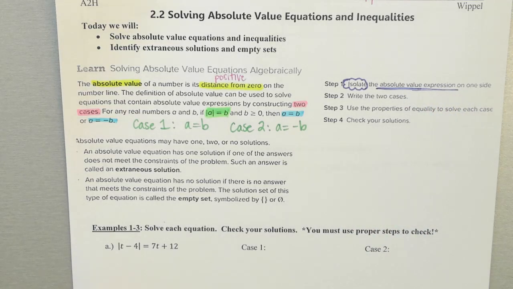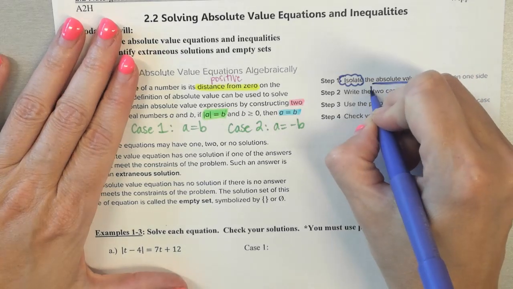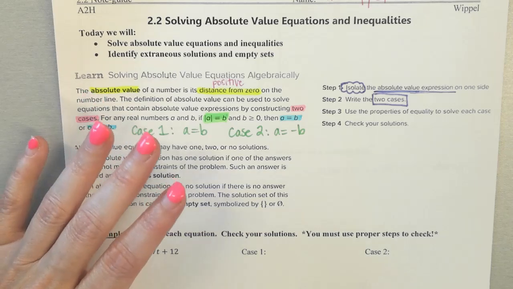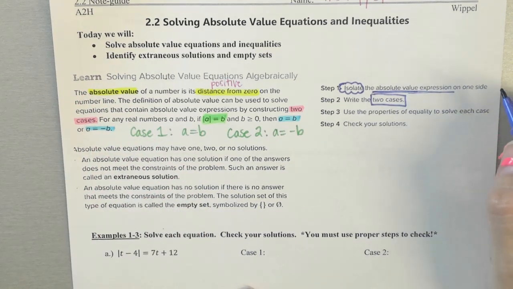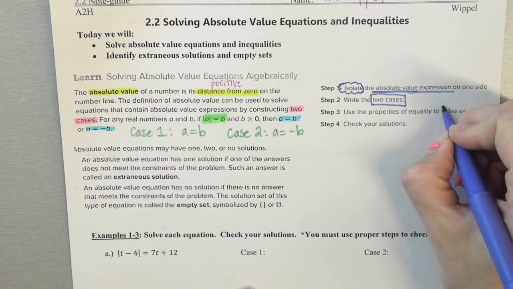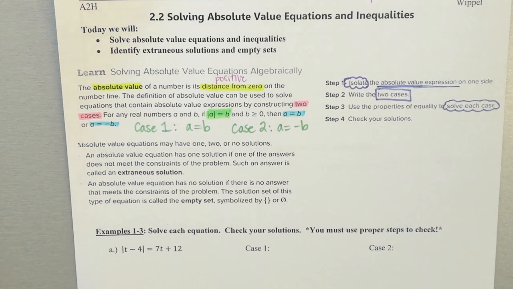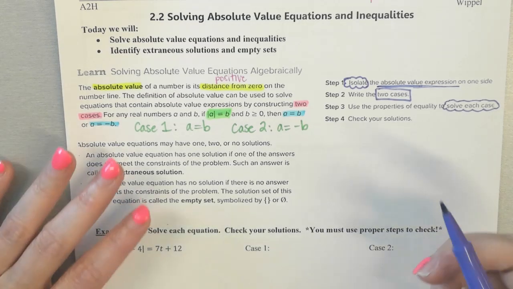Then we're going to write out the two cases. It says we're going to use the properties of equality to solve each case. Properties of equality are just adding things to both sides, subtracting things from both sides, or multiplying both sides.